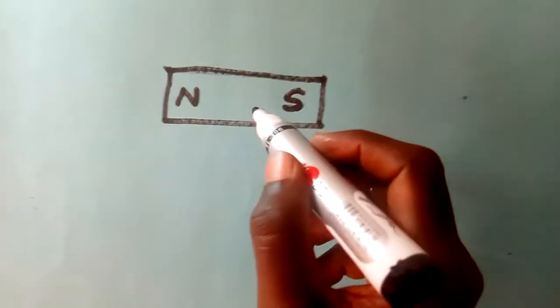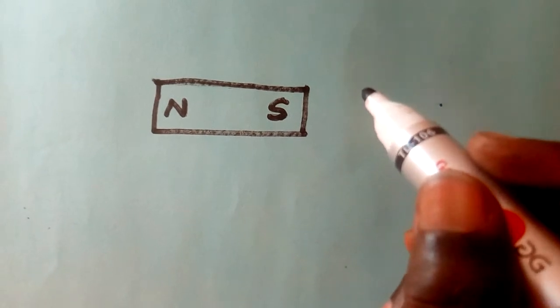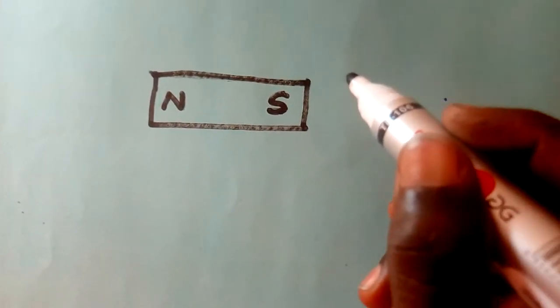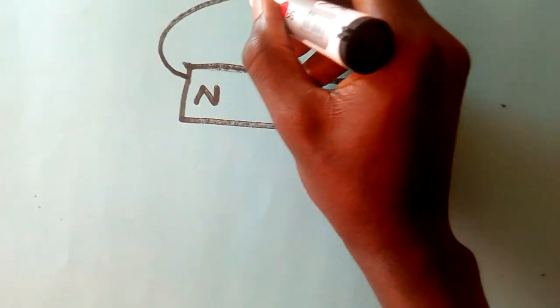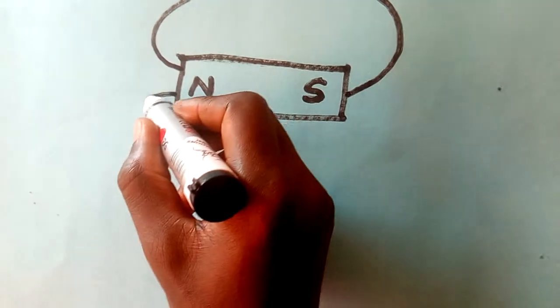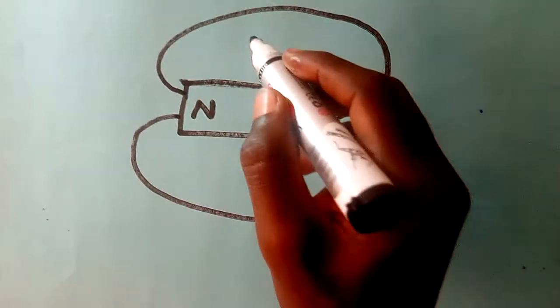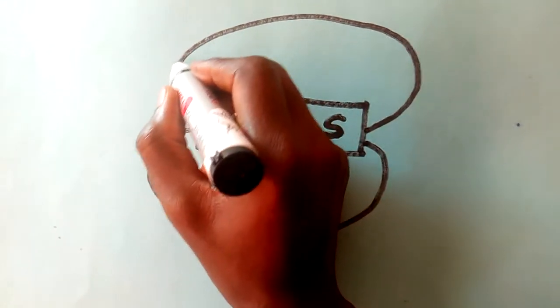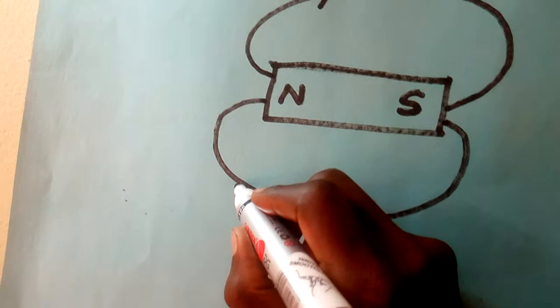So, for you to draw a magnetic field, you use magnetic field lines of force. These lines of force move from the north and go towards the south. You put the arrow like this.